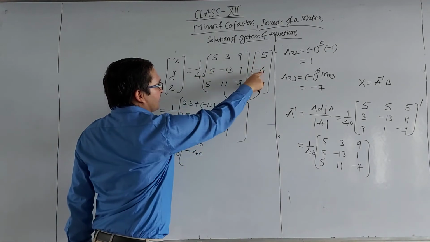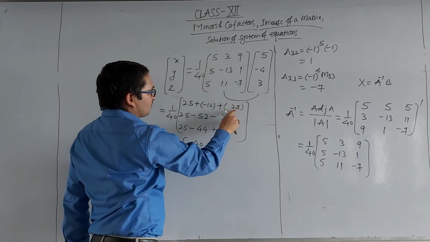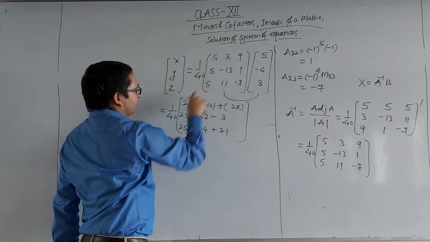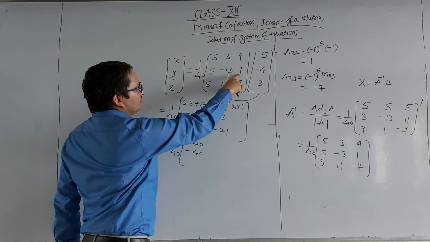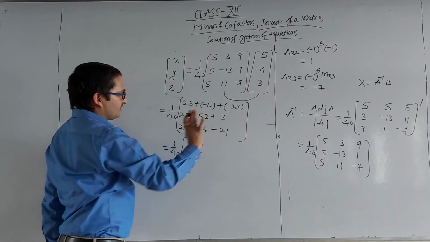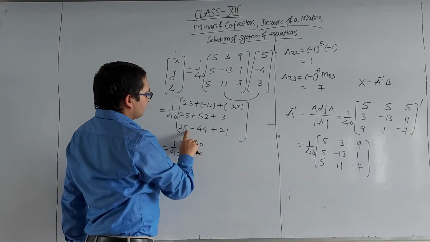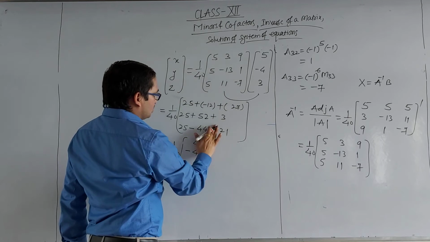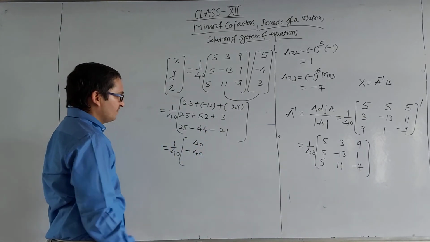This is 5 times 4 is 12... 5 5 is 25, this is 12, 9 times 3 is 27, correct? Then the second row with the column: 5 5 is 25, minus 13 into minus 4 is plus 52, 1 into 3 is plus 3, okay? Now this one: 5 5 is 25 and 11 times 4 is 44 and minus 21, 7 times 3 is 21.